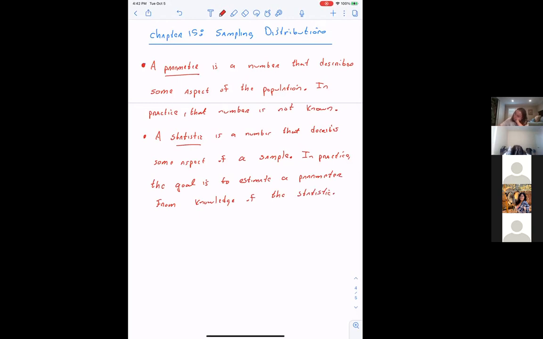So for example, if I want to know the average height of every CSUN student, I sample 1,000 CSUN students, and I get 5'7" and a half. Can I conclude definitively that the average height of every CSUN student is 5'7" and a half?